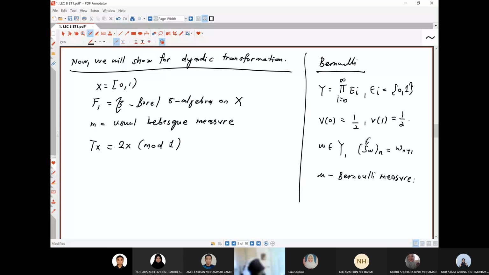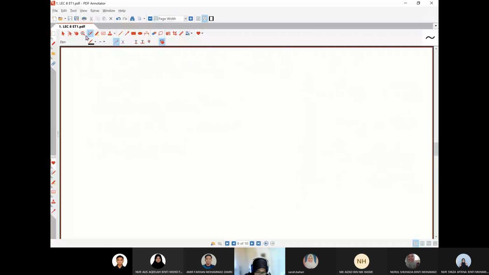In dyadic, you have all the properties available: X is from the segment 0, 1, with its formula and the measure M. For Bernoulli, you have Y, and then mu, the Bernoulli measure, and also the transformation S. Okay, now let us show that T here and S here are isomorphic.